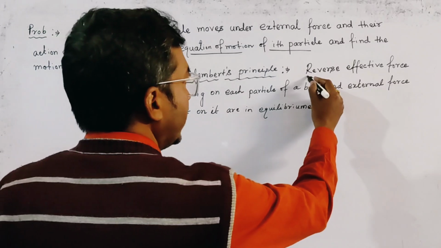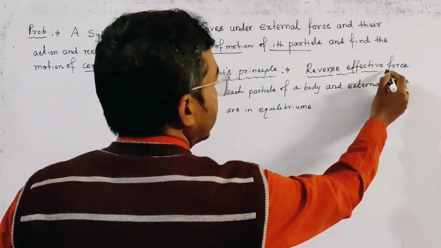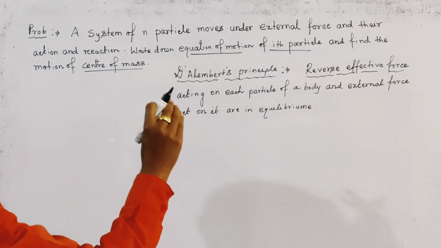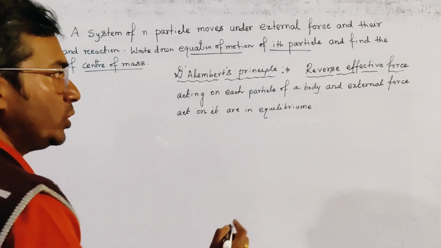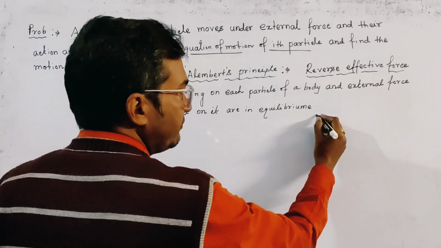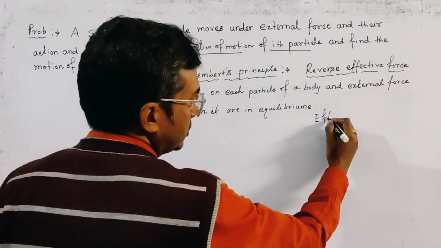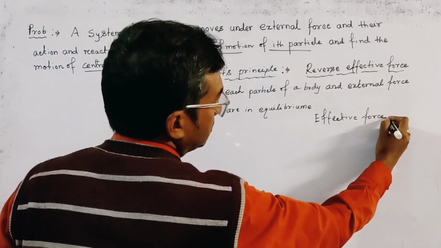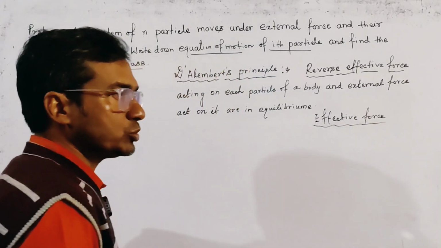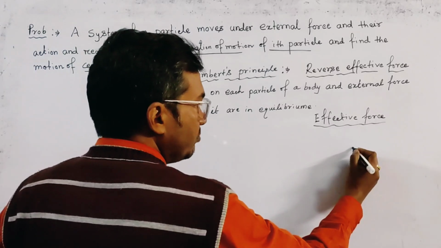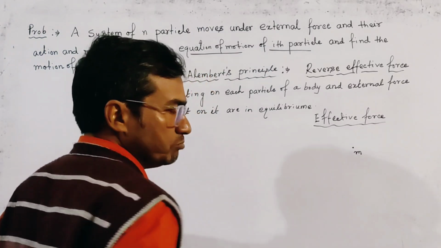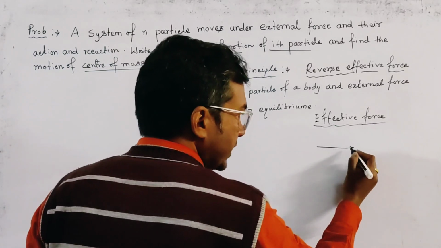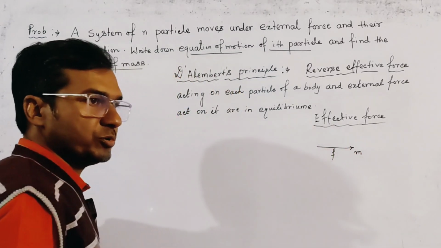Now here we get a word, reverse effective force. What is reverse effective force? To understand reverse effective force, we first need to know what effective force is. Let there be a particle of mass m and an acceleration f acting on it.